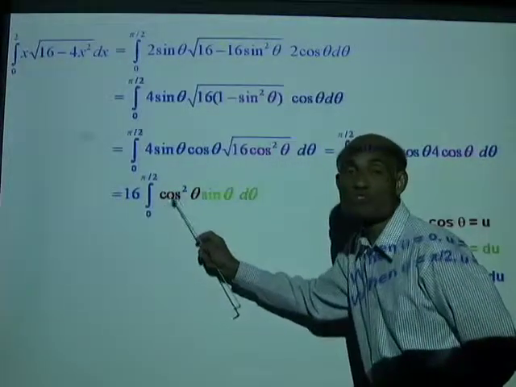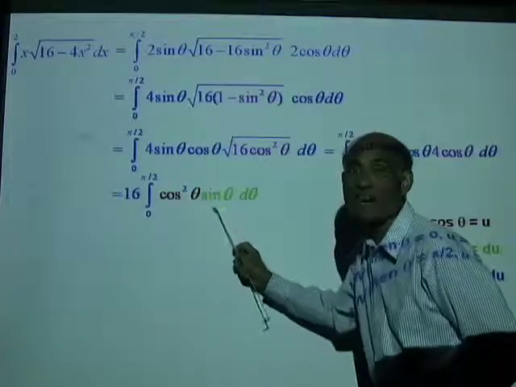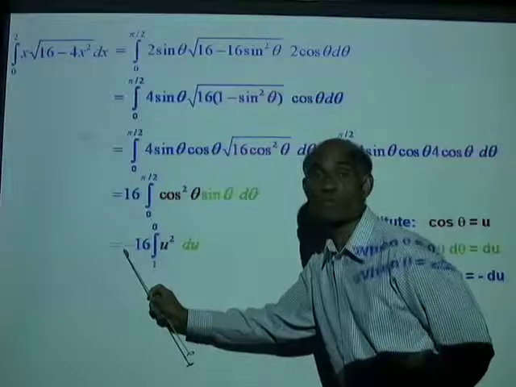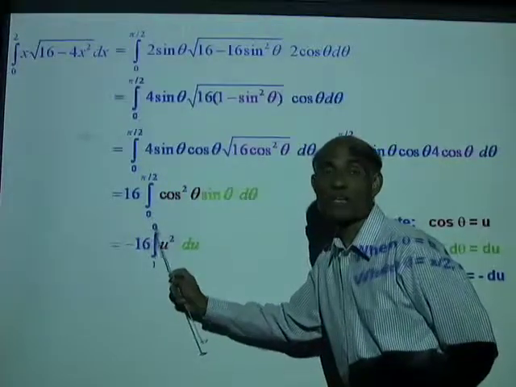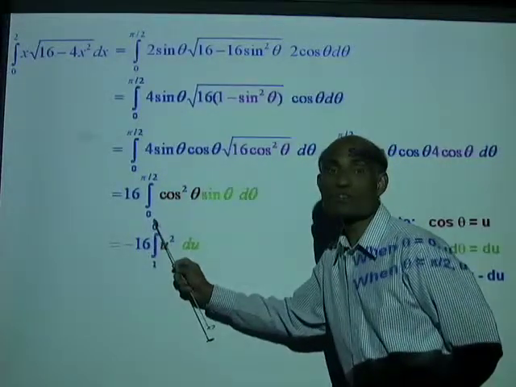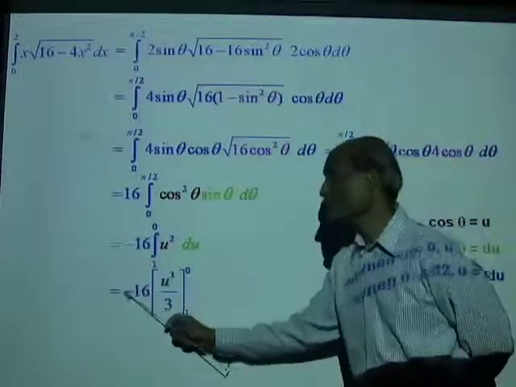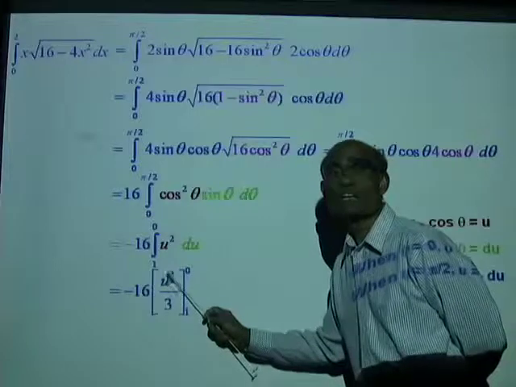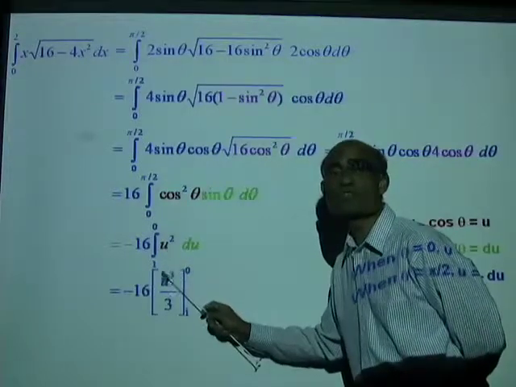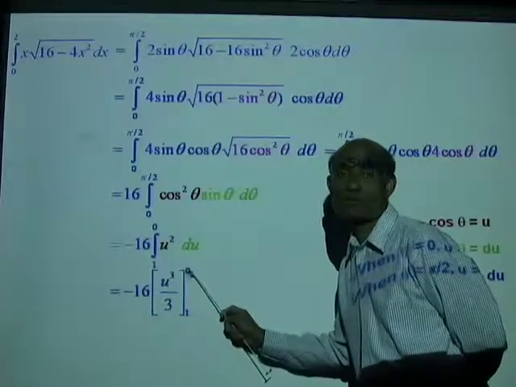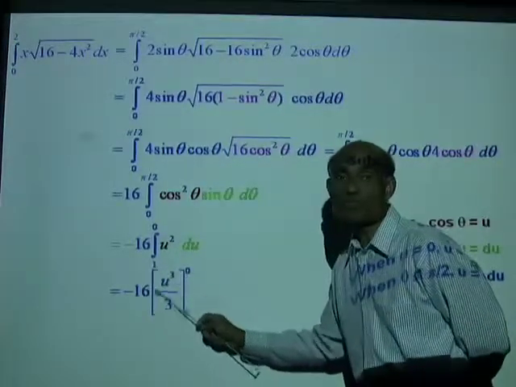Cos theta is u, so we have u squared times negative du. So the negative comes out: negative 16 integral 1 to 0 of u squared du. And that will be negative 16 times u cubed over 3 from 1 to 0. The upper limit will give you 0.